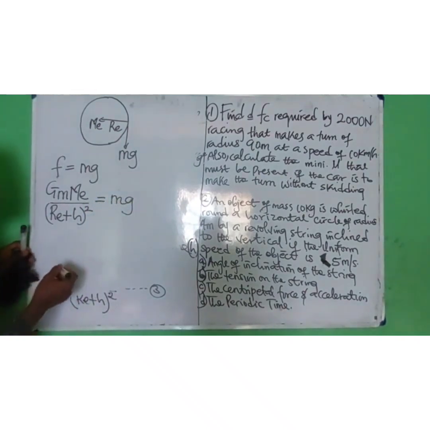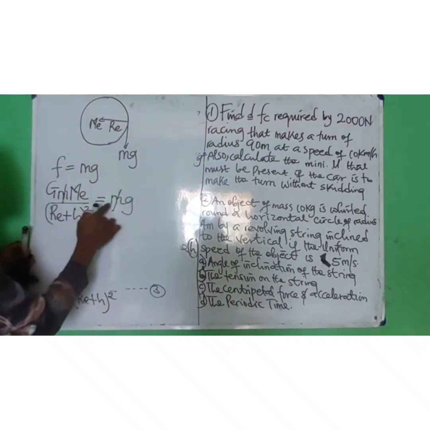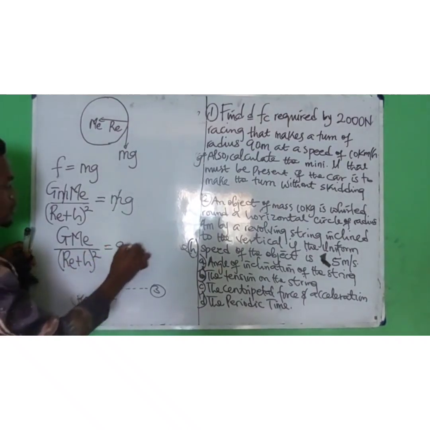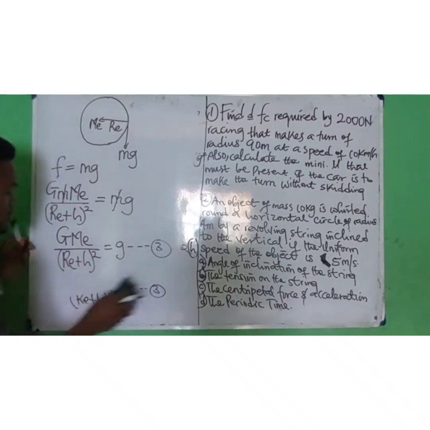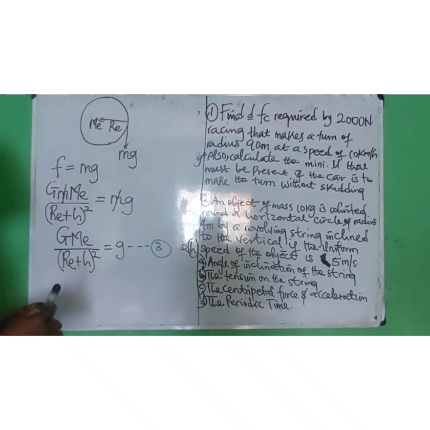So if I cancel out these masses written in small letters, I'll be having G M E over RE plus H all squared. Then this is equal to G, equation 3. I believe it is clear now, right? So from here, you now know what to do. We are not done with this part.